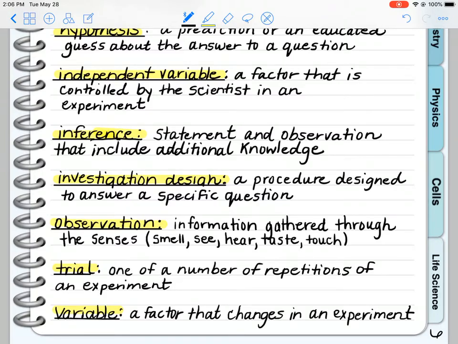I could try that with another group of 1,000 people, and another group of 1,000 people, and another group of 1,000 people, to see if I get the same results. So trials are repetitions. They're doing the same experiment over and over and over, exactly the same way. And that gives credibility to your results. If you get the same result every time, that lends credibility to the idea that this is really the answer to your hypothesis.